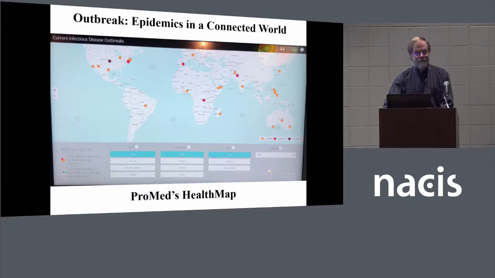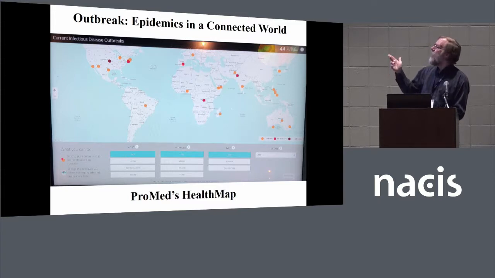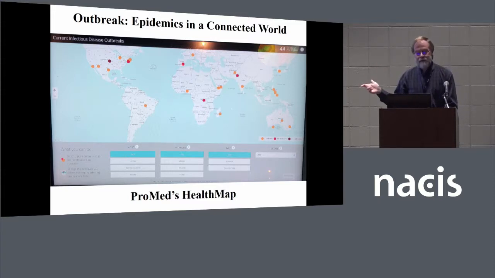We currently have the Outbreak exhibit, and that opened last year. And then we have the interactive ProMED health map. And this gets updated on a daily basis. And there are all sorts of diseases and whatnot that are breaking out around the world, and people get a big kick out of that. And then they can also get a little scared about traveling.